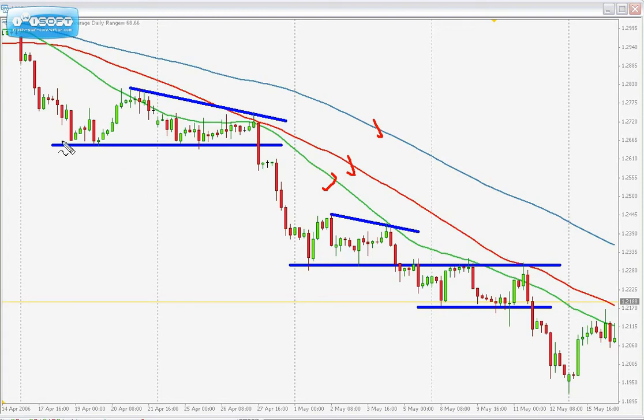First of all, we come from above, and moving averages are falling in place. We see a flat bottom triangle. Price bounces down and up and down and up, and finally gives way to the downside in the direction of the main trend for a nice ride down.